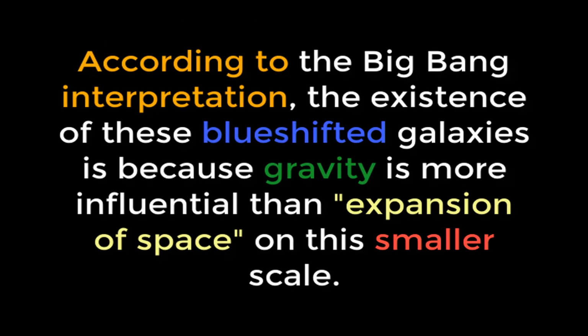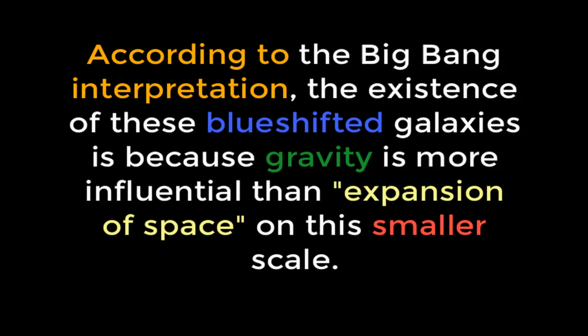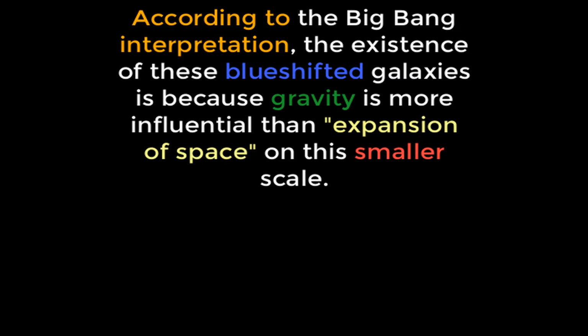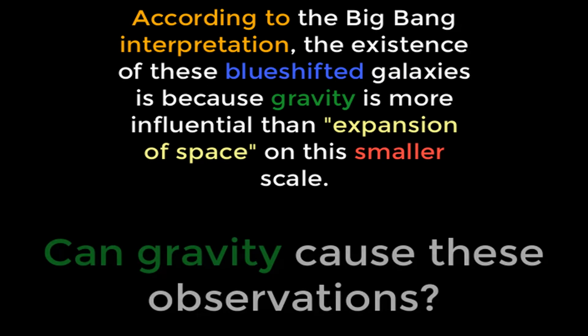According to the Big Bang interpretation, the existence of these blue-shifted galaxies is because gravity is more influential than expansion of space on this smaller scale. With this all in mind, we can ask once more, can gravity cause these observations?